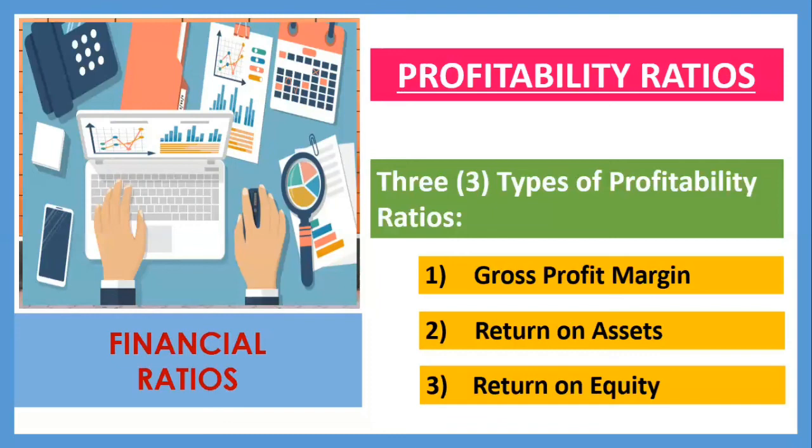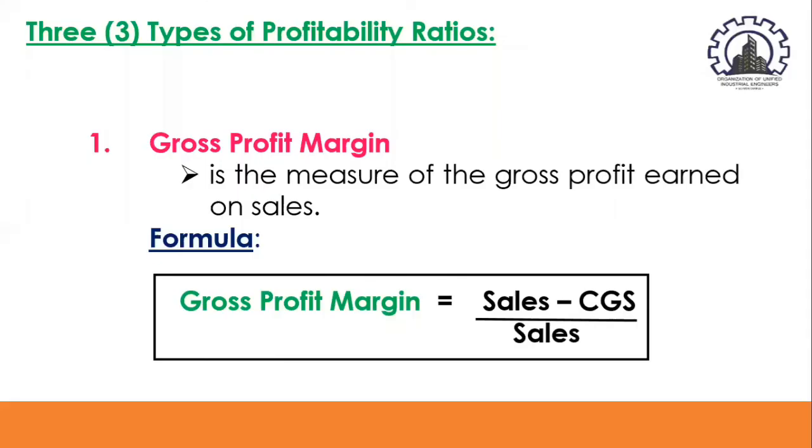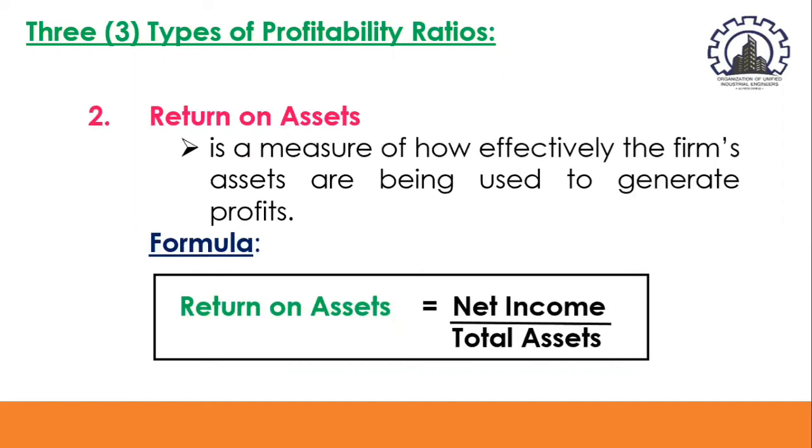And what is meant then by gross profit margin? If we say gross profit margin, it is the measure of gross profit earned on sales. And the formula in getting our gross profit margin would be sales minus cost of goods sold all over sales. On the other hand, we have return on assets.